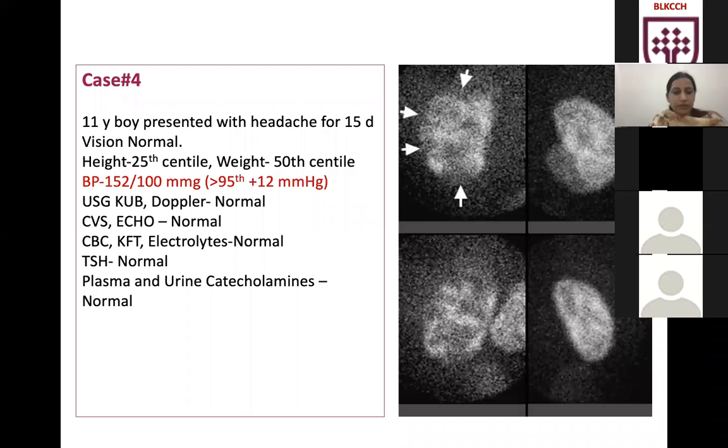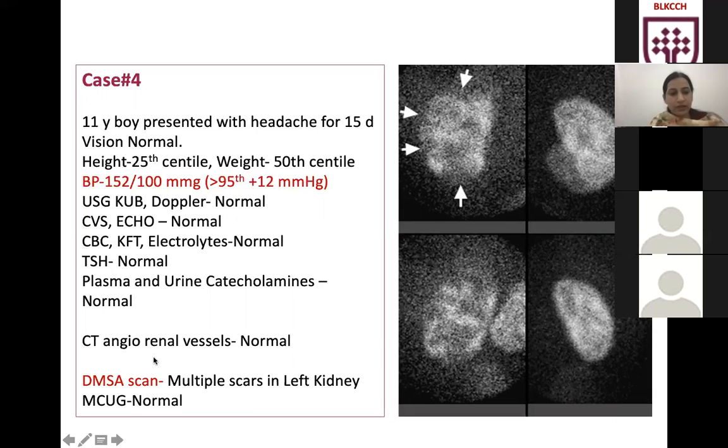So then a DMSA scan was done, which showed scarring. Before that, a CT angio was also done to rule out renal artery stenosis, because renal and renovascular causes are the most frequent causes of hypertension in childhood. There were multiple scars in the left kidney and MCU was normal. So this scarring was probably the cause of hypertension in this child.